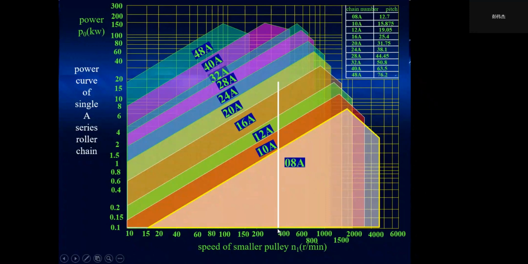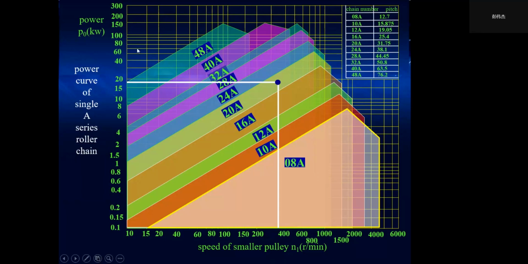For example, if n1 is more than 300 and less than 400, and the power is less than 20 kilowatts, then we can obtain the point, and the point is located in this area. This area indicates the chain number, which means the chain number is 20A, series A. And then we can obtain the pitch, which is 31.75.